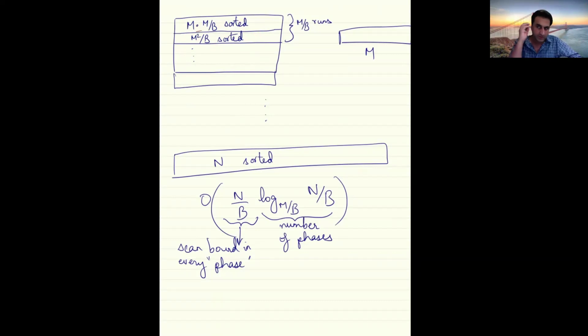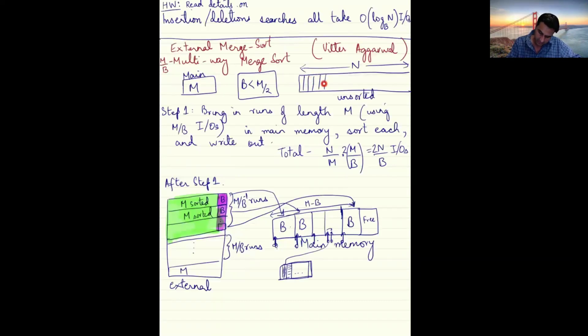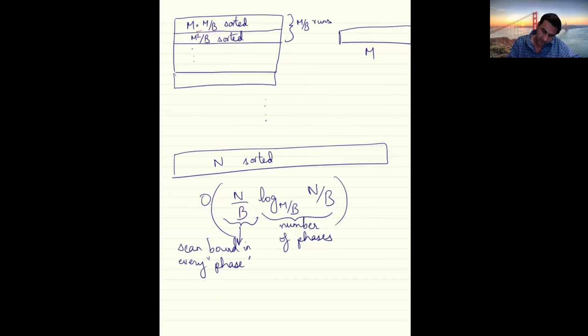Does it make sense that my sorted runs are becoming longer? Originally, I just had m. Now I merged m over b of those runs, so now my sorted runs are of length m squared over b. And now what do I do next? Again, I take in m over b of these runs and I merge them exactly the same way as I said before.